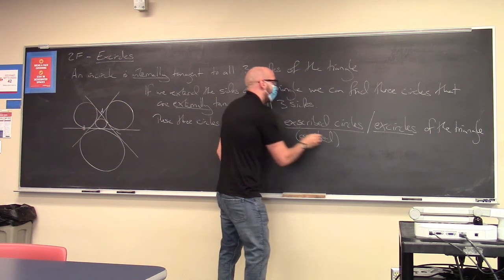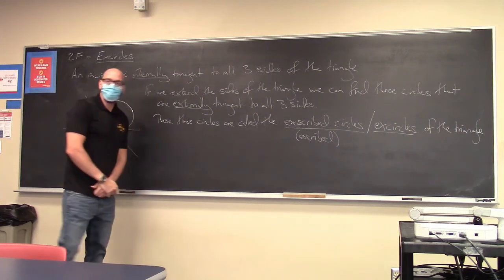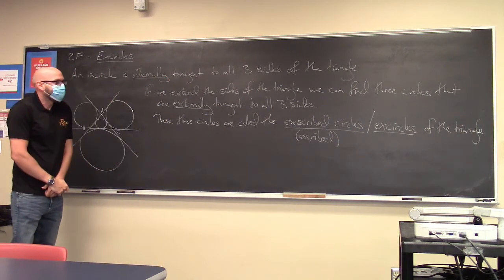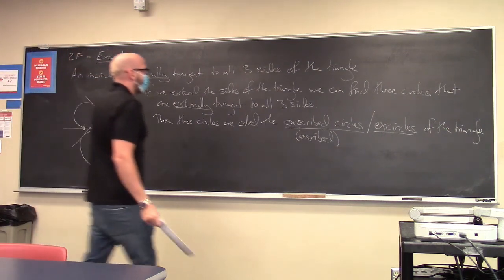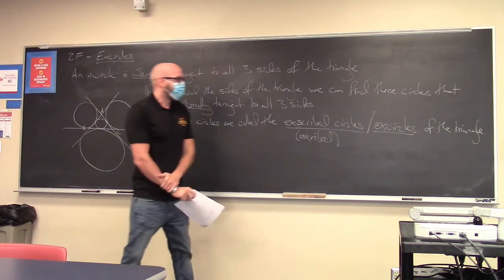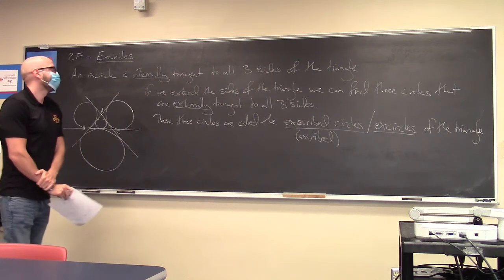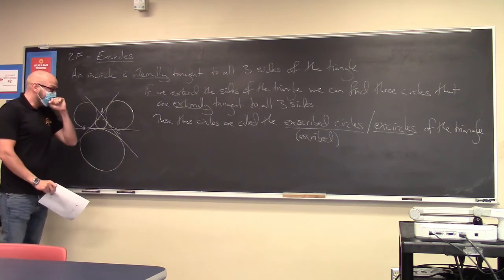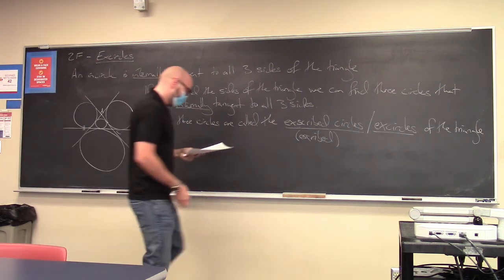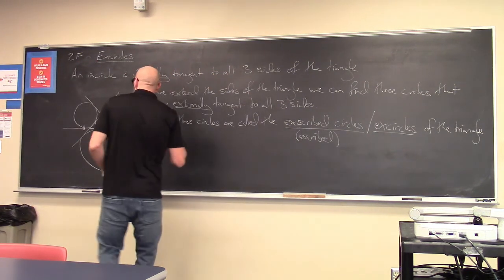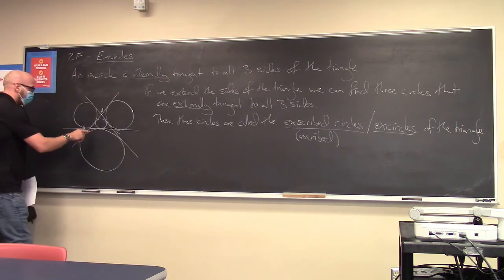Even the pronunciation, escribe, excscribe, not a whole lot different. But if you look this up anywhere, it will not be spelled with an X. It's just escribed. And he calls the section escribed circles. Excscribed, my bad.